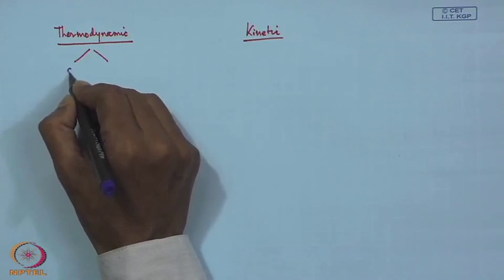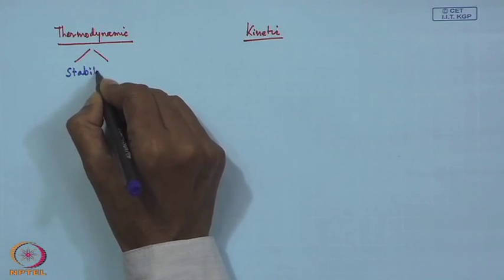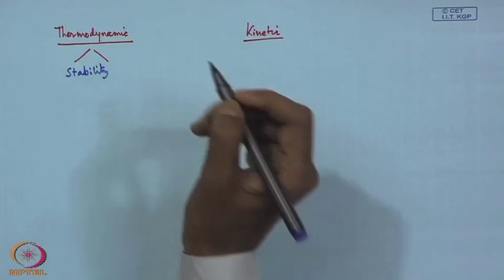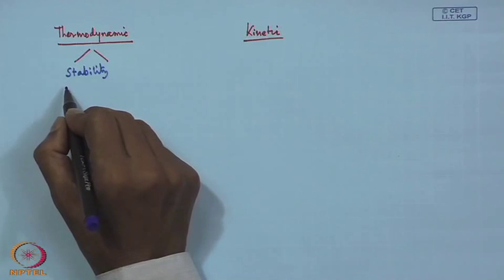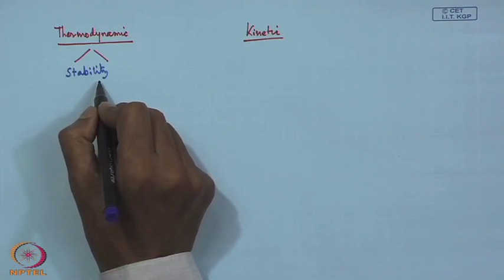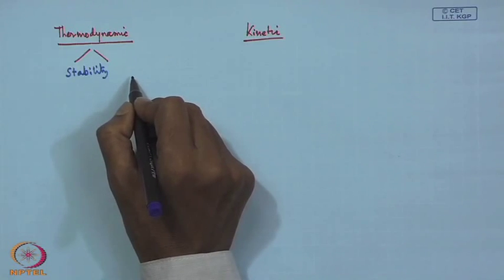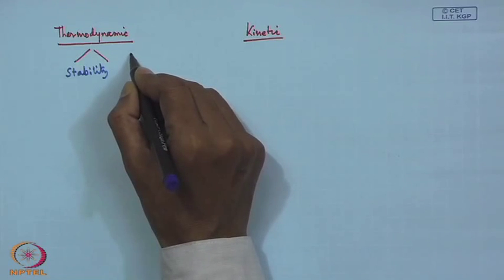So, we talk about the corresponding stability of the complex. One can be very stable, or have a high stability, and one can have the low stability for the corresponding thermodynamic parameter depending upon the K value.